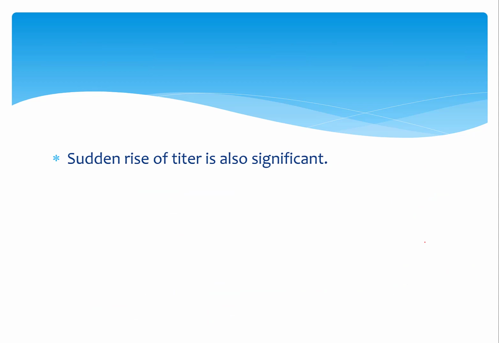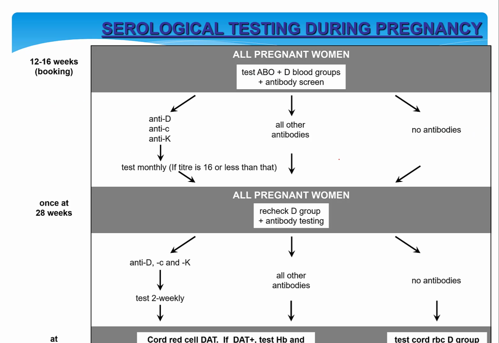The problem with Rhesus antibodies is that the level doesn't rise linearly. It is possible to have 1 in 16 now, and then 1 in 128 the next moment, or in the next sample. So a sudden rise is quite common and is very significant.